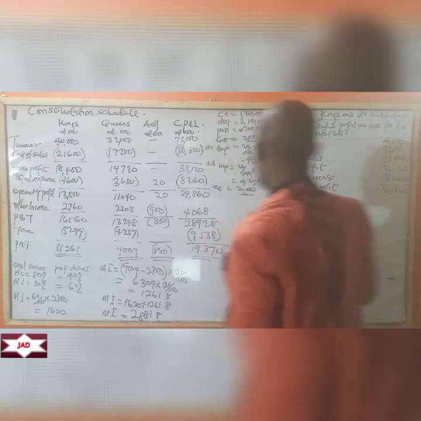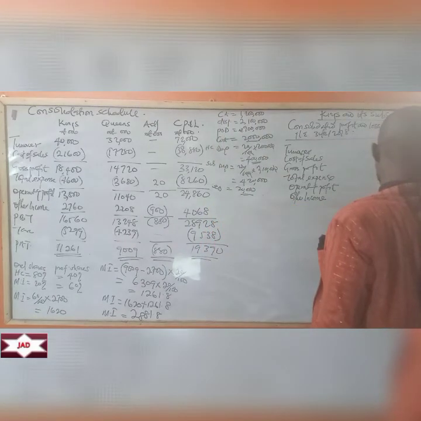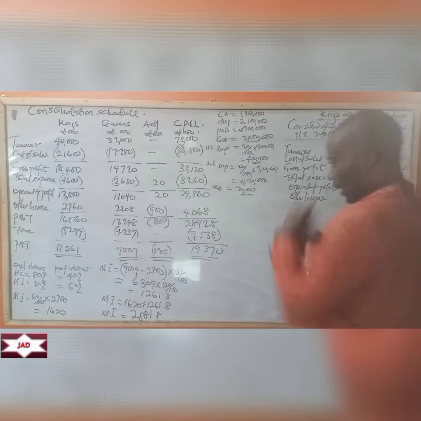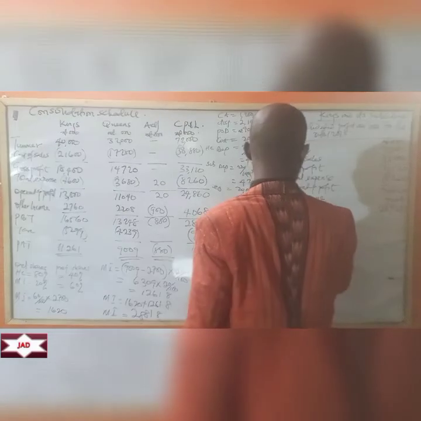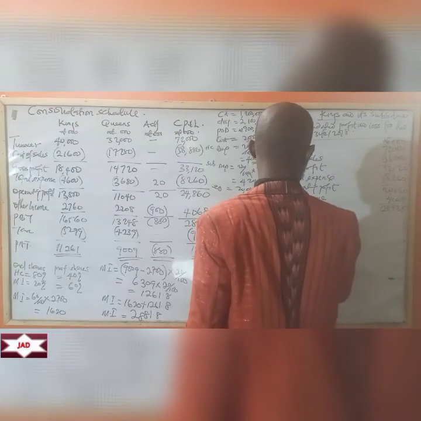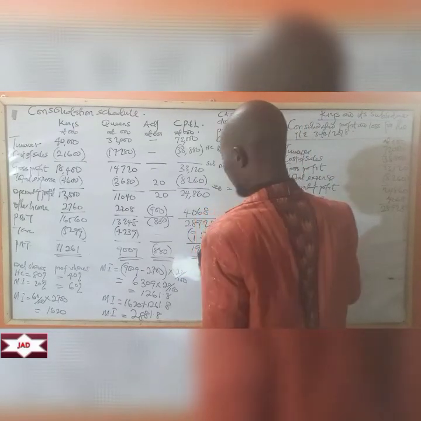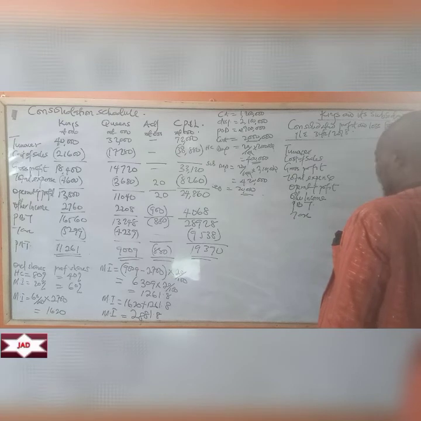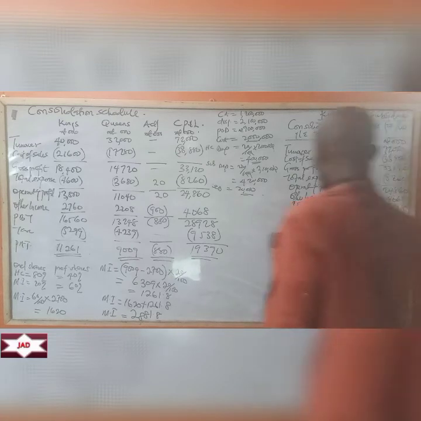Other income is 4,068. We have 28,928. So this is profit before tax. So what are our tax? Our tax is 9,538. What do you have? 19,390.